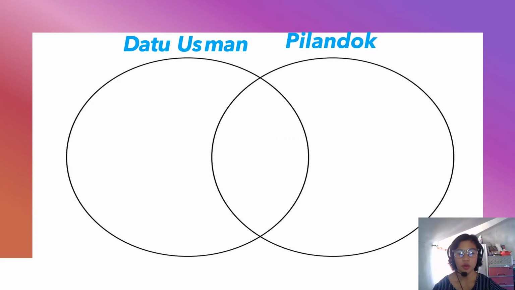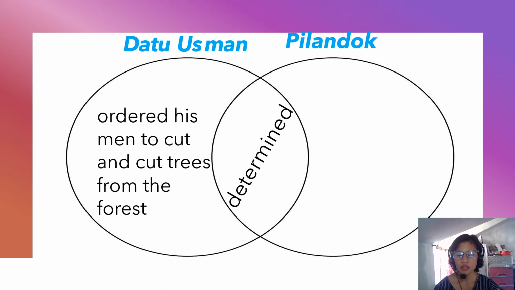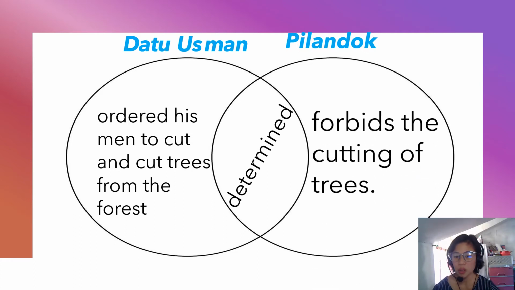I have here a Venn diagram for you to understand it further and to visualize it. Datu Usman and Pilandok are both determined. Datu Usman is firm and Pilandok is also determined. And the difference between the two is that Datu Usman ordered his men to cut trees from the forest, while Pilandok forbids cutting trees in the forest.